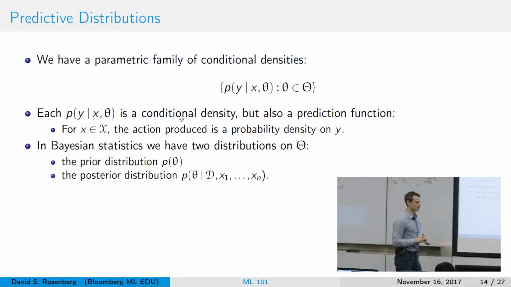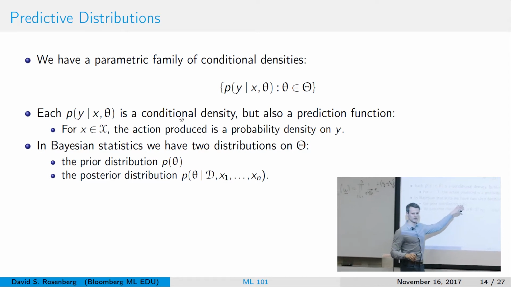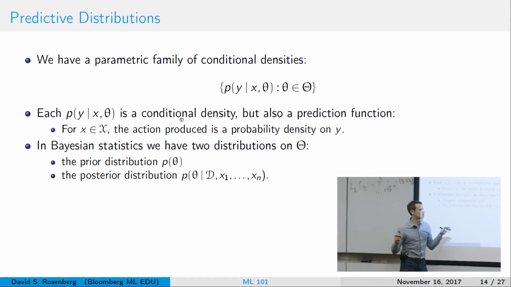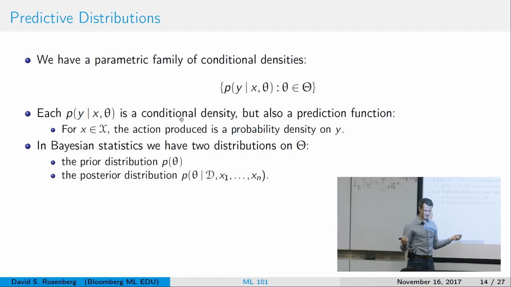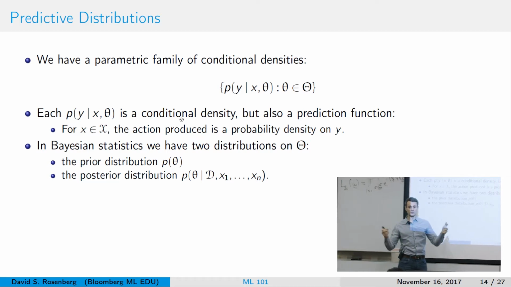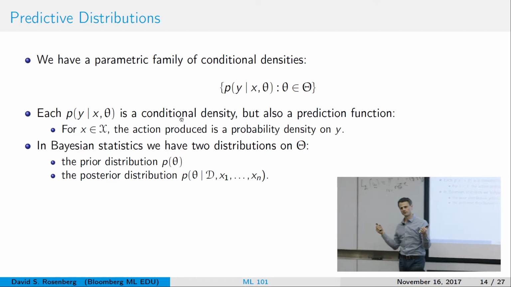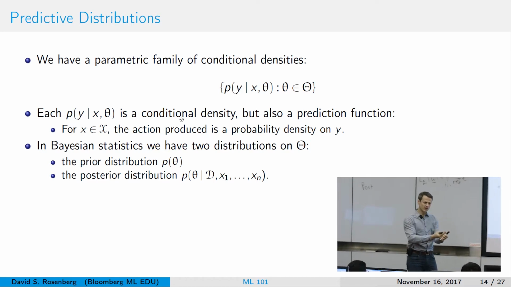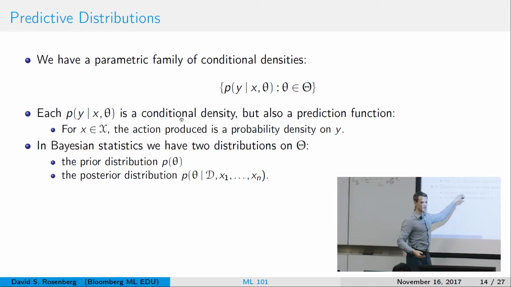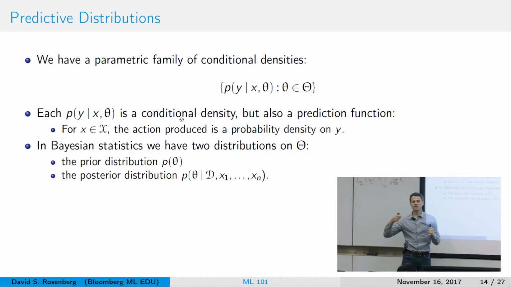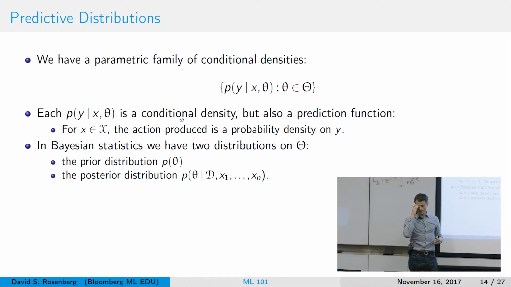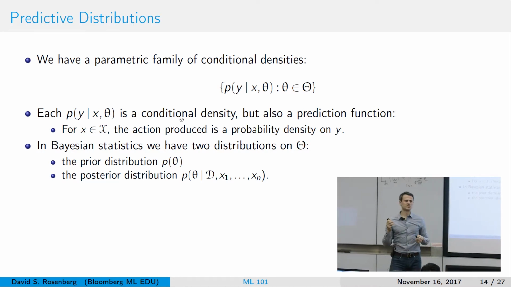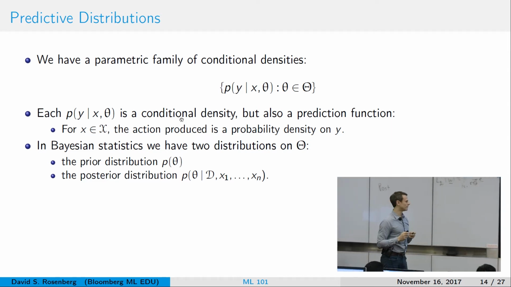OK, so I'm going to use my prior distribution on theta. That gives me a distribution on prediction functions. Each one of those prediction functions gives me a predicted distribution for y. I can average them together according to my prior distribution, and that gives me a single distribution on y. That distribution is called a predictive distribution for y.